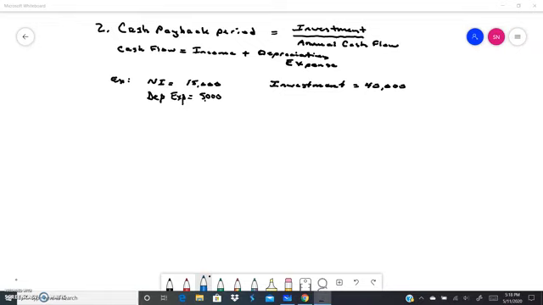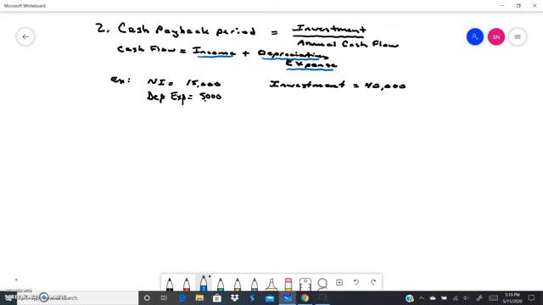Now, cash flow in this case is a little different than what we talked about earlier. It's not net income. Cash flow is income before depreciation expense. So what we're going to have to do to arrive at cash flow is add back depreciation expense. So if our net income is $100 and depreciation expense was $50, then the cash flow would have been $150, because that would have been the amount of actual cash before we subtracted depreciation expense.